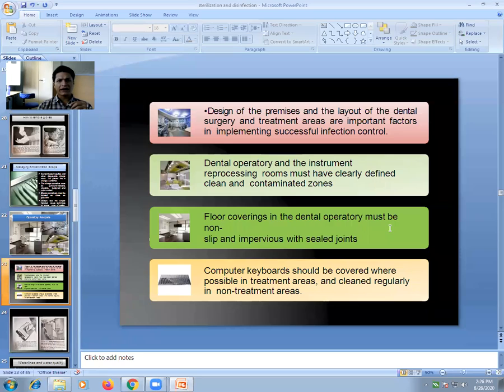Dental operatory and the instrument reprocessing rooms must have clearly defined clean and contaminated zones. Floor coverings in the dental operatory must be non-slippery and impervious with sealed joints. Computer keyboards should be covered where possible in treatment areas and cleaned regularly in non-treatment areas.